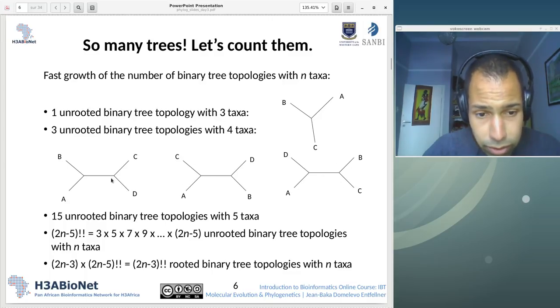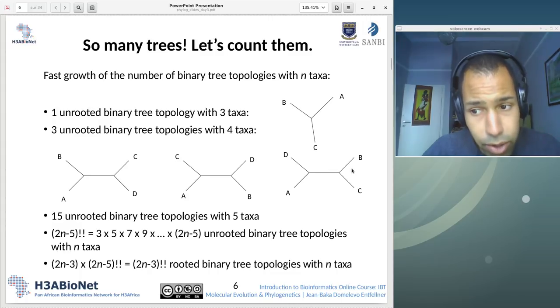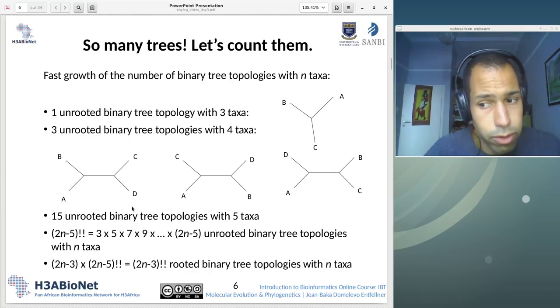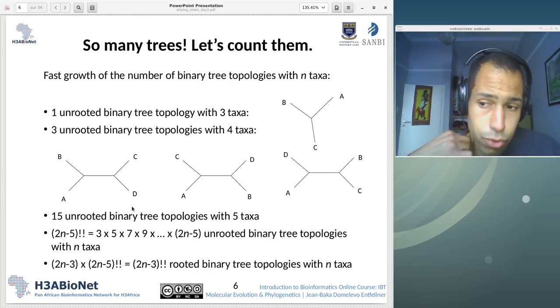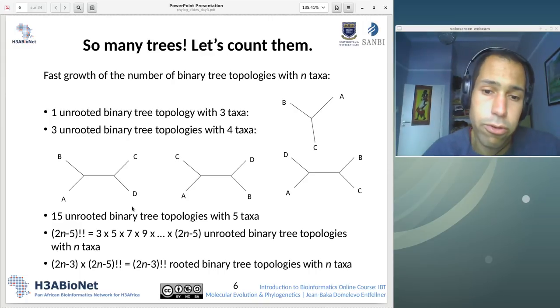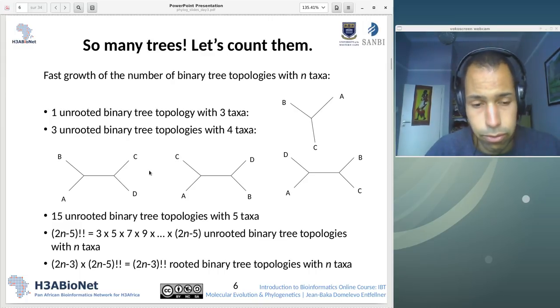Because these phylogenies are already different, none of these different graftings will lead to the same phylogeny. So it's easy to see that you have 3 times 5 topologies with 5 taxa. Okay? You could easily also draw all of them on a piece of paper. It's just that I didn't have enough space on my slide.